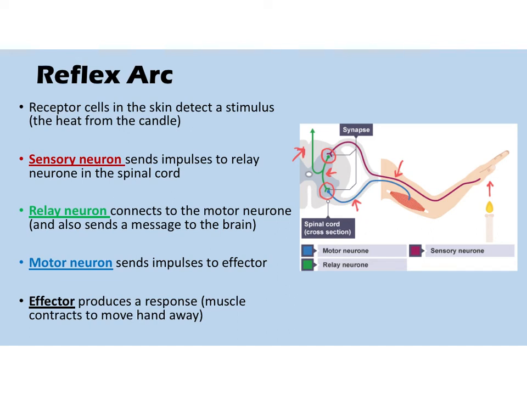So in this case, it is the muscle which would tell the arm to move away from the heat. Okay, so it's really important that you remember that it goes from the sensory neuron to the relay neuron to the motor neuron, and there's a synapse between each neuron.